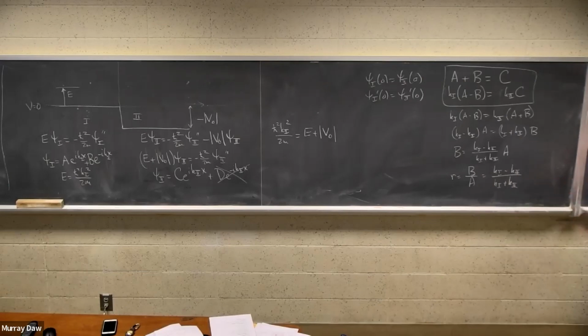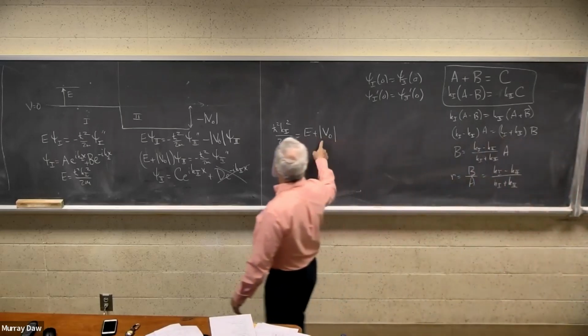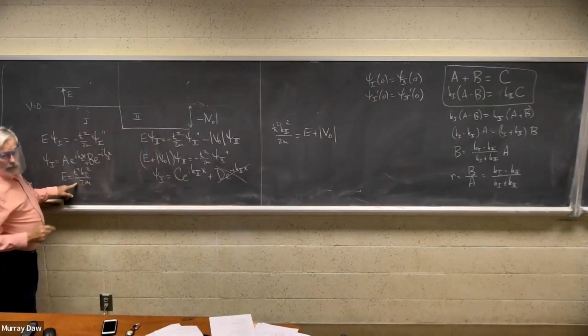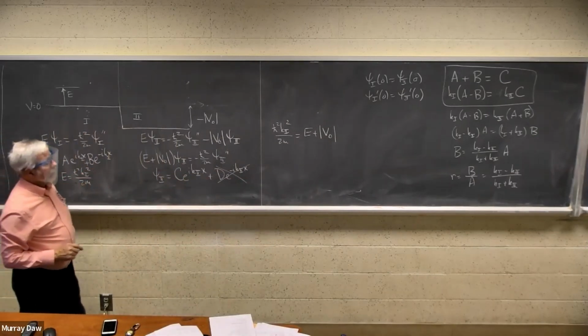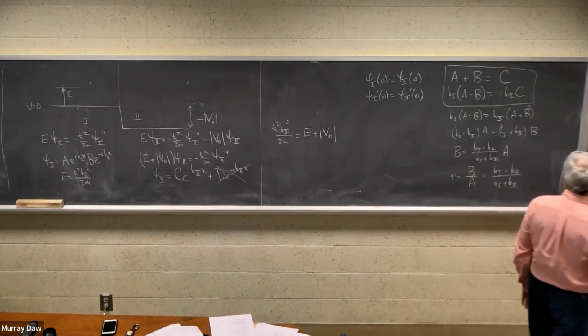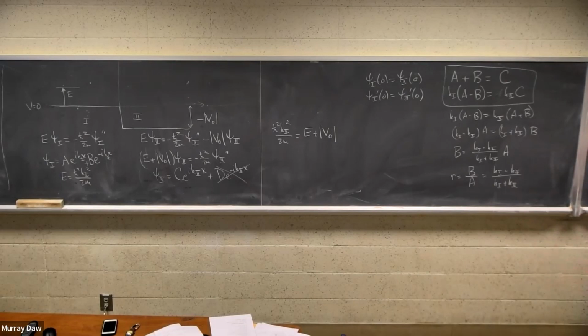So you actually get some reflection, depending on the difference between these two wave numbers. And they differ because there's a V naught over there and there's not here. Surprising result. That's the prediction of the Schrodinger equation: you get some reflection off of a step down.